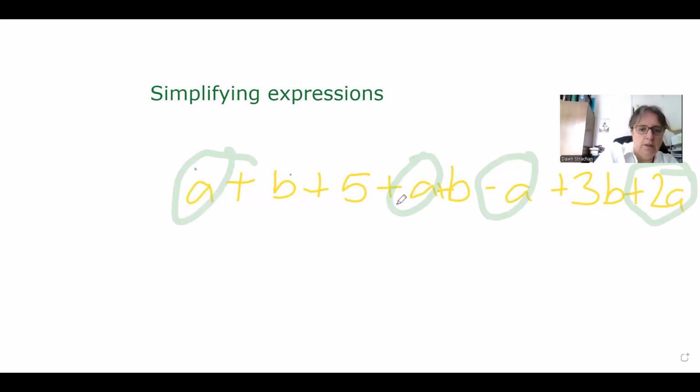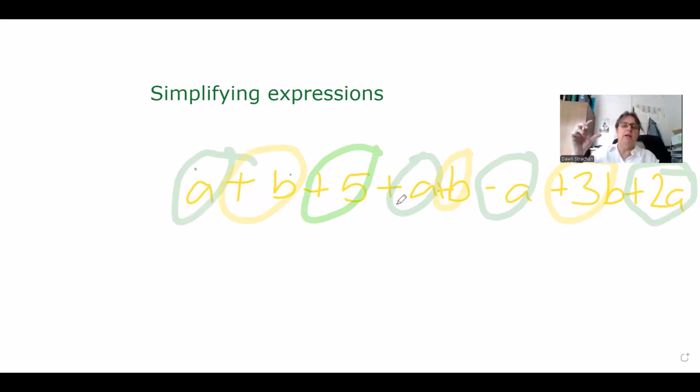I'll keep the B's separate, plus B and plus 3B. And then I need another color for the numbers. You wouldn't mix your A's, your B's and your C's. It's like I said in the other video, it's a bit like adding custard to gravy. Both are very nice individually, but you just wouldn't mix them.